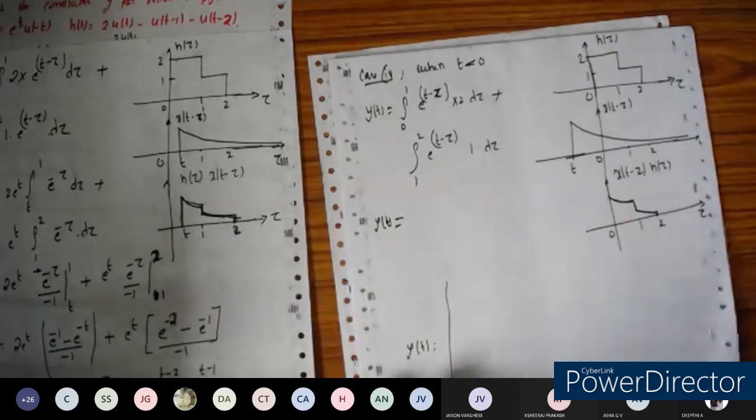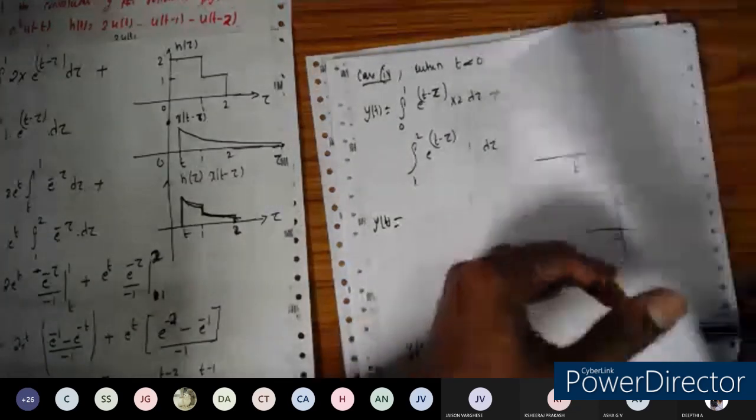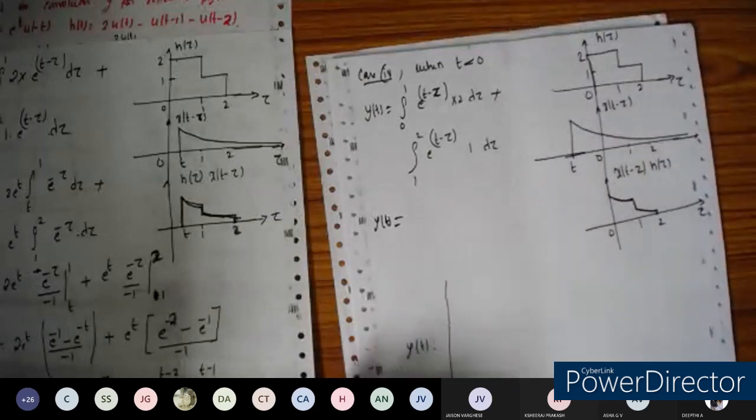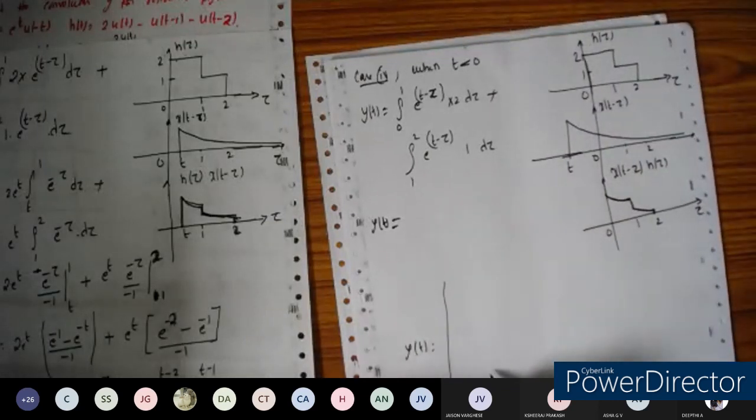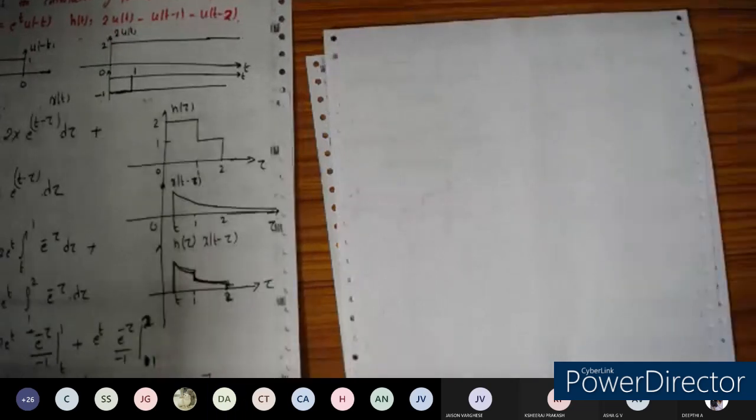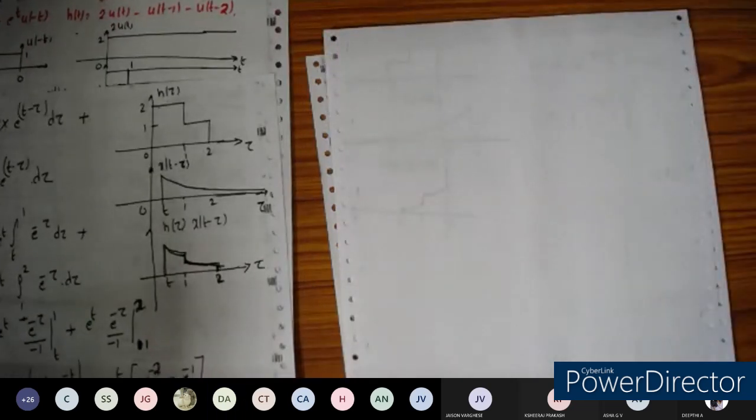Can you do this as a homework problem, the integration part? Yes, sir. Okay, fine. So I'll do this one and go for the next problem.